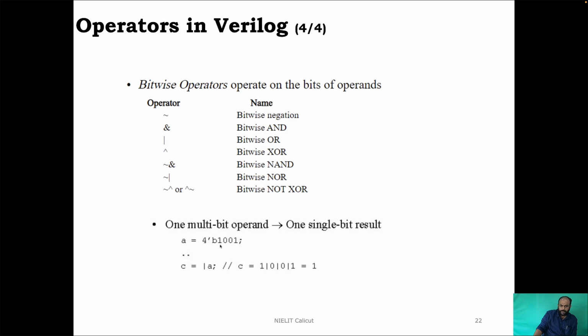What it does is it ORs the first bit with the next bit. 1 ORed with 0 is 1, that 1 ORed with 0 is 1, and that 1 ORed with 1 is 1, and the final result will be 1. So originally A is a vector. If you perform a reduction operator on it, it reduces the vector into a single-bit result. This A has been operated upon by bitwise OR to get a single 1.